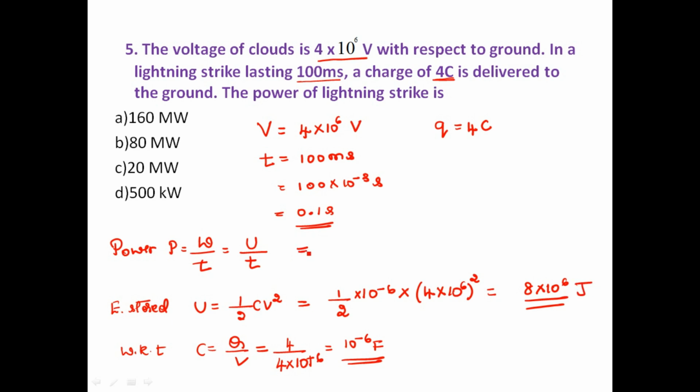So this energy stored needs to be substituted here. 8 into 10 to the power of 6 divided by 0.1, or it is 80 into 10 to the power of 6, or it is 80 megawatt. Hence the power of lightning strike is 80 megawatt.